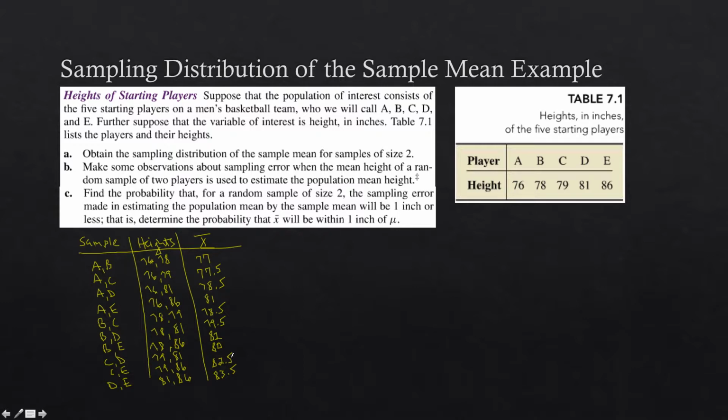Okay, so letter B. Make some observations about the sampling error when the mean height of the random sample of 2 players is used to estimate the population mean. Well, the first thing you need to know is what is the population mean?